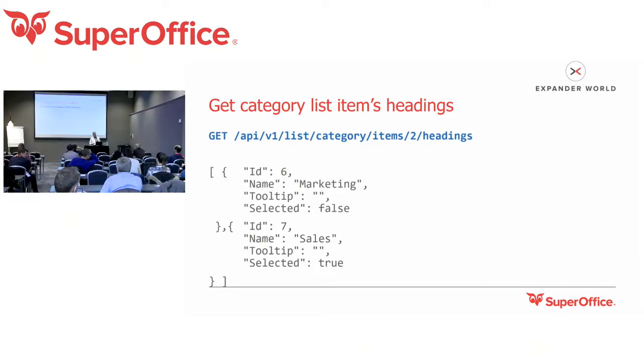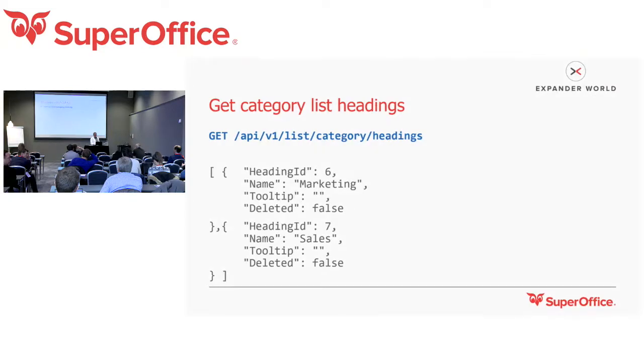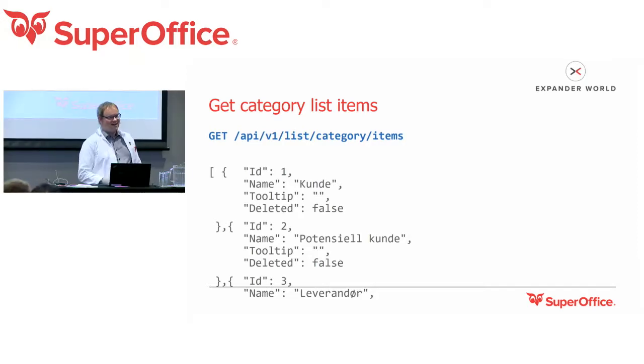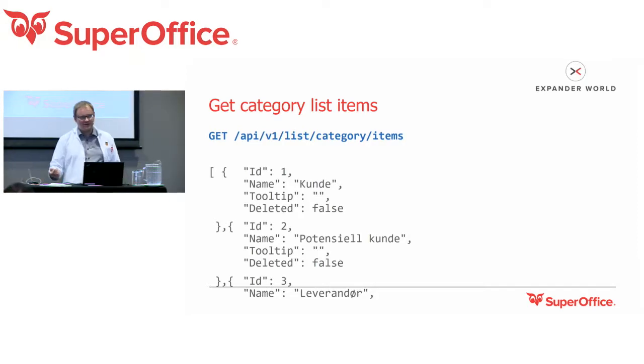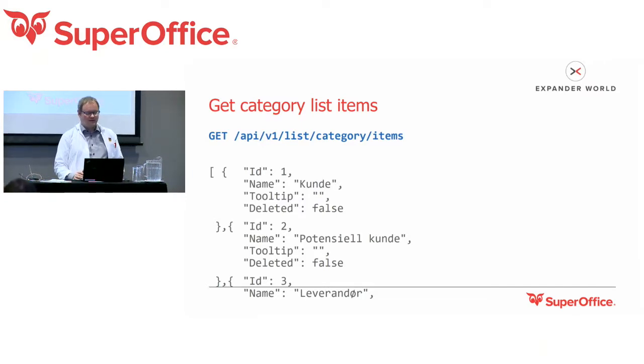Question? We'll come to that, but you can get it parsed for you, or you can get it raw. Okay, so normal is raw.